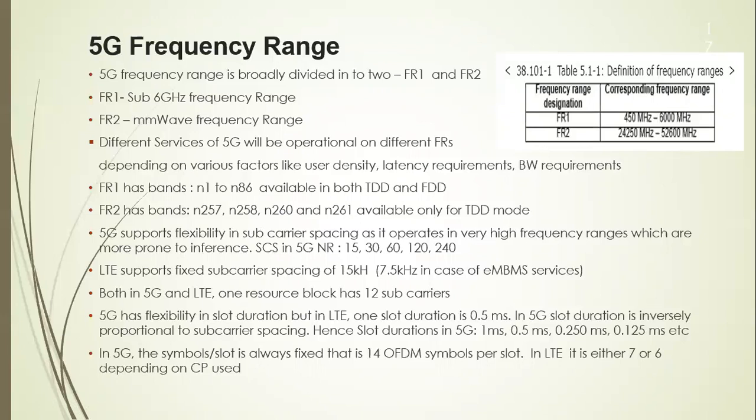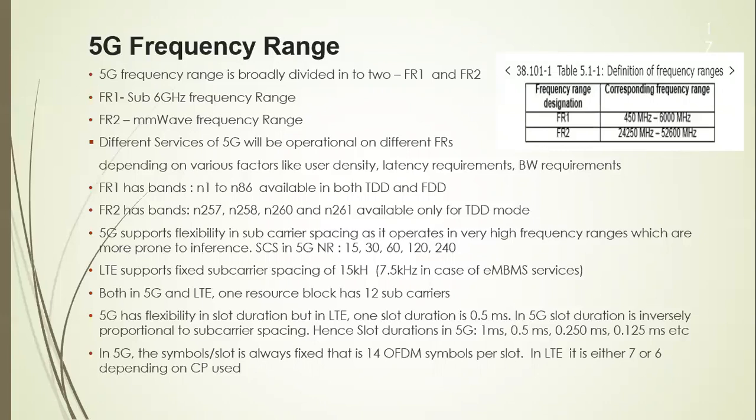In case of LTE, we know we have only one subcarrier spacing, which is 15 kilohertz. But in 5G, we have the options 15, 30, 60, 120, and 240 kilohertz. Depending on the frequency range, the subcarrier spacing will be decided, because subcarrier spacing is related to the frequency that you are operating.